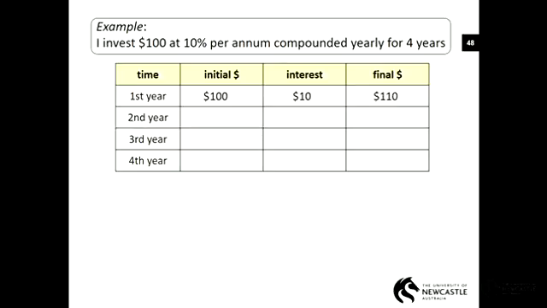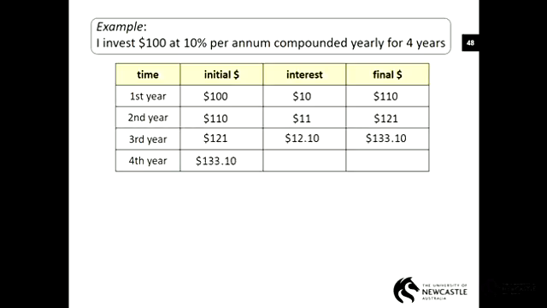Why is compound interest so good? Because in the second year, simple interest would have just said $100 times 10% and still make another $10. In compound interest, it says, no, you've got $110 in the account. 10% of that is $11, so you've made interest on last year's interest. So now you've got $121 in your bank. Well, that's the start of your next year, which gets $12.10 in interest.